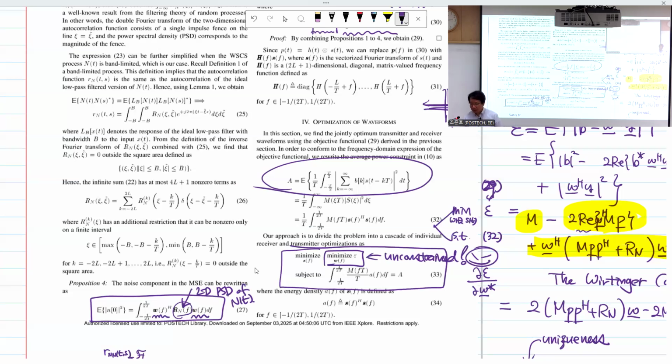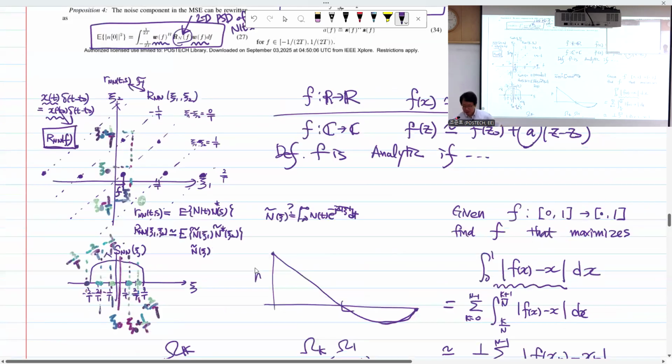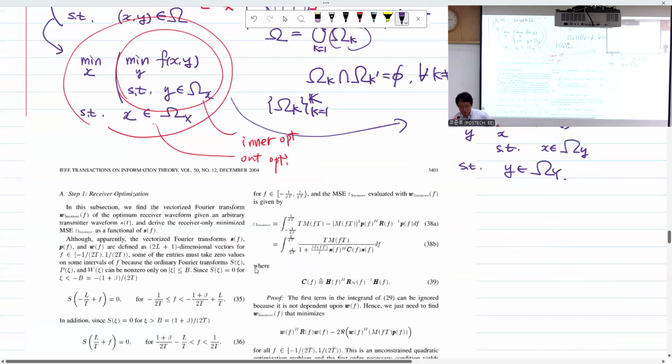However, as I told you, it does not appear in most of the introductory optimization problems. I don't know why. Probably the professors who wrote the textbook are so smart, and they usually put this complicated problem, the so-called minimax problem.